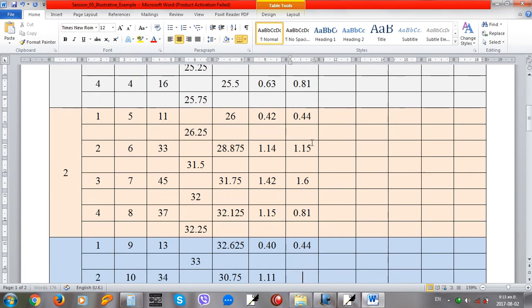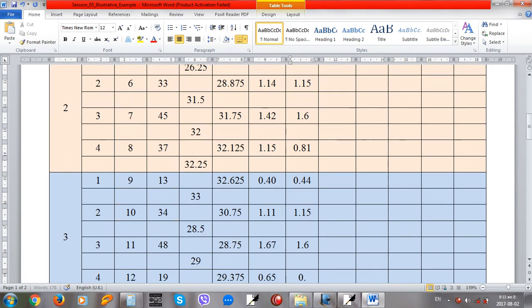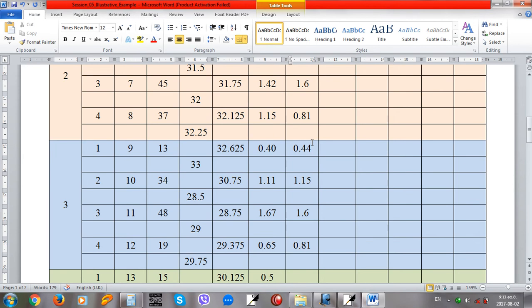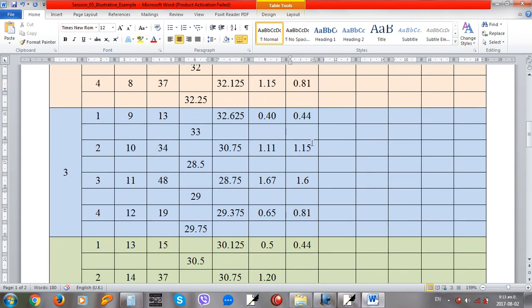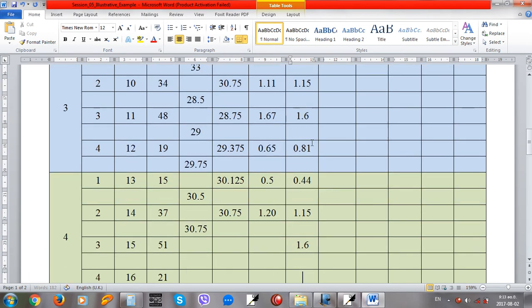then again it comes 0.44, 1.15, 1.6, 0.81. Again started from 0.44, 1.15, 1.6 and 0.81, right?